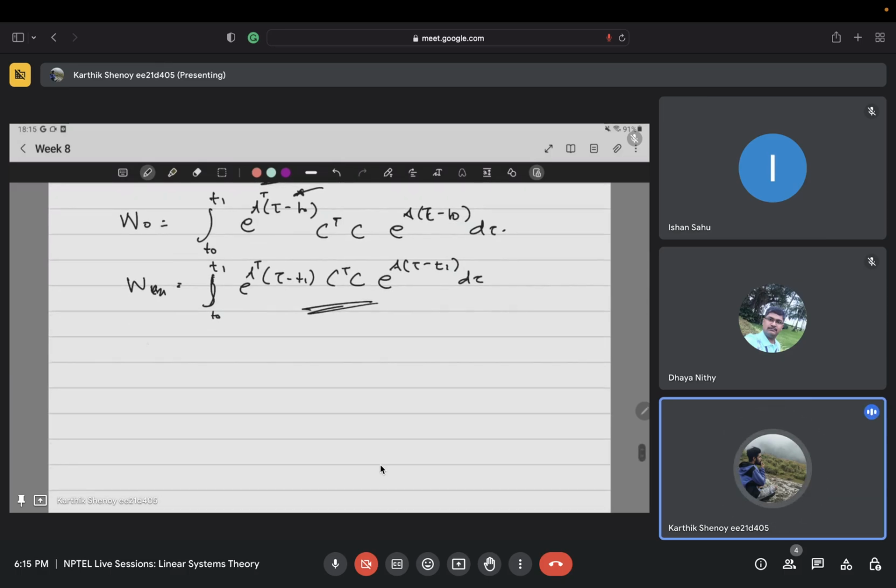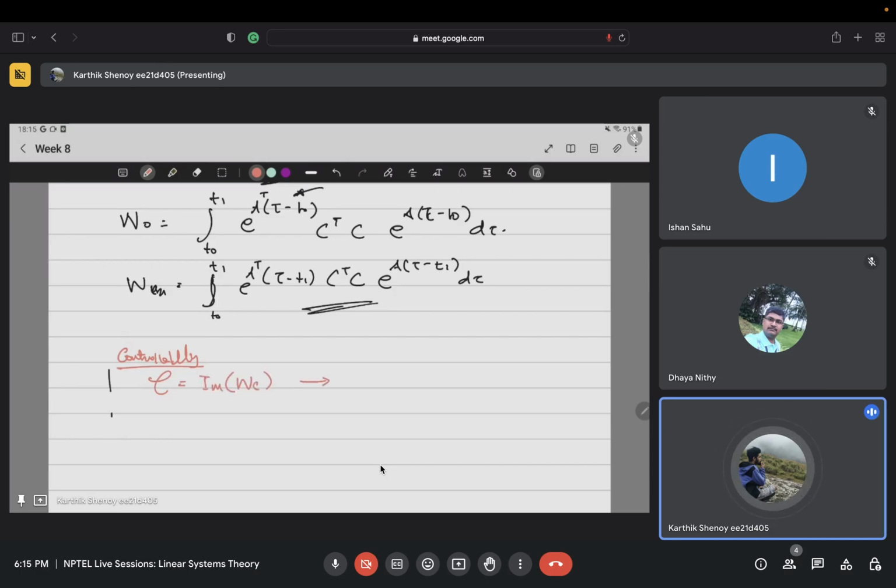So now it's similar to your controllability. I'm just writing a side note here. Controllability: your controllable subspace was the same as the image of the controllability Gramian, right?